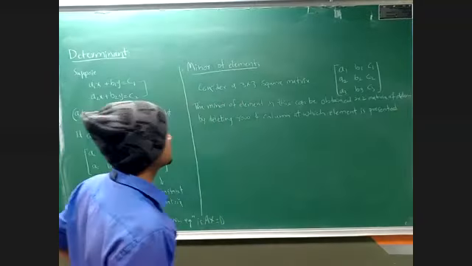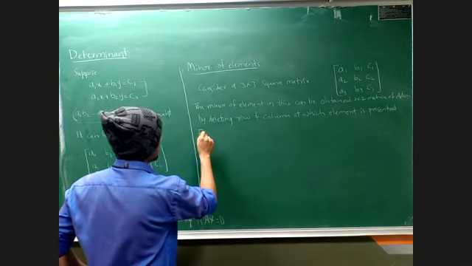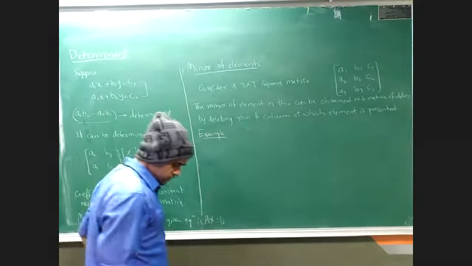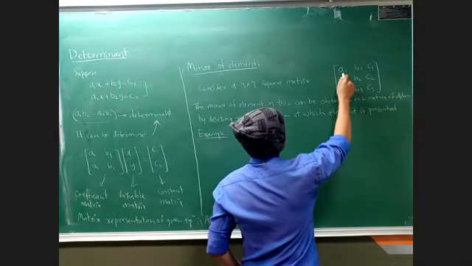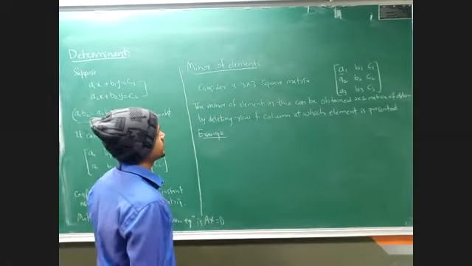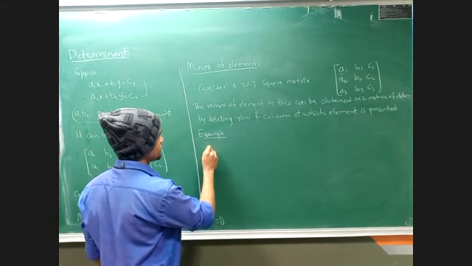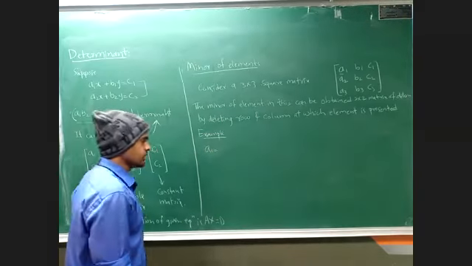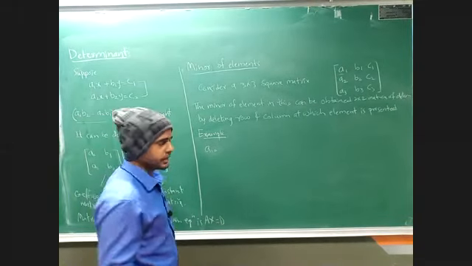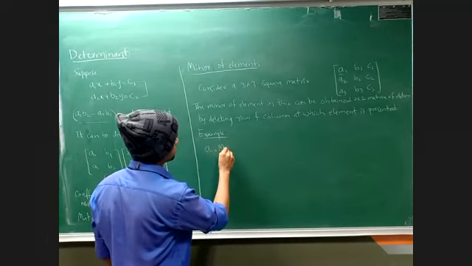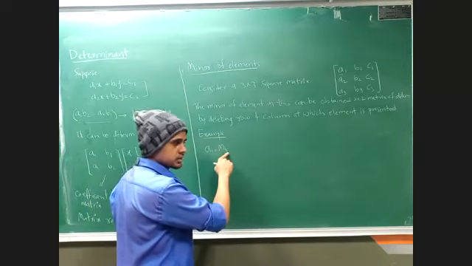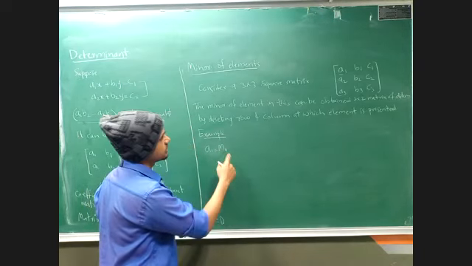For example, if I want to know the minor of element a1, sometimes it is represented as M11, where the first 1 means the respective row and the second one means the respective column.